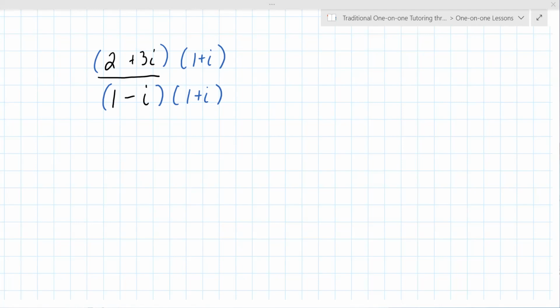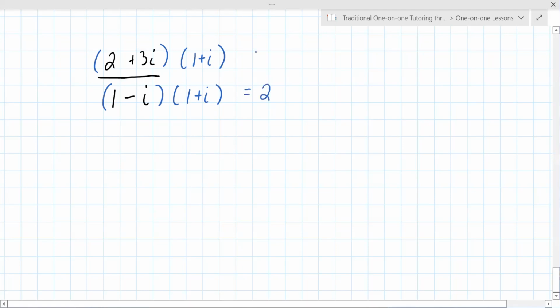Is it 2? It is 2, yes. Okay, so do the same thing for the top and let me know what you come up with.